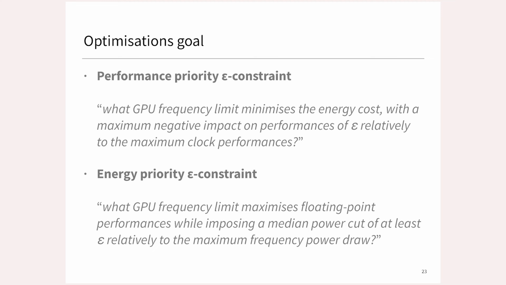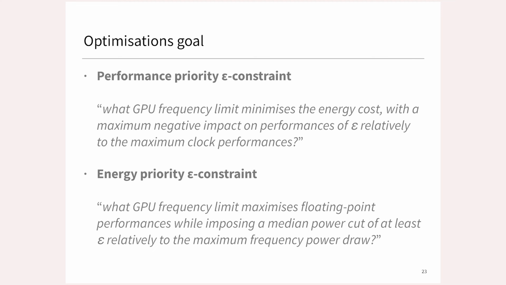And for this particular study, I've been privileging two different questions. It's based on the epsilon-constraint optimization technique, but without being too jargony about things, I prefer to just write the questions one would like to answer. One is what I call performance priority optimization.